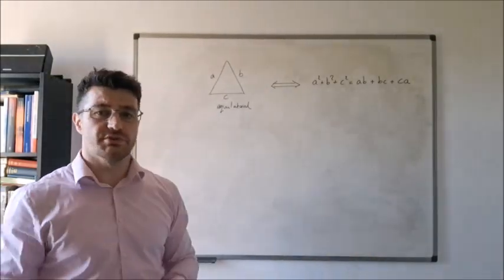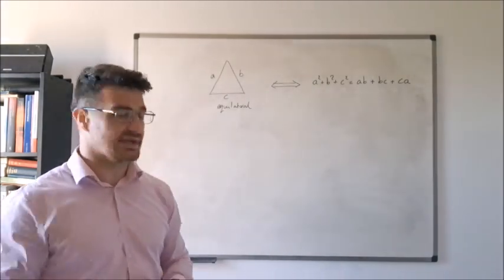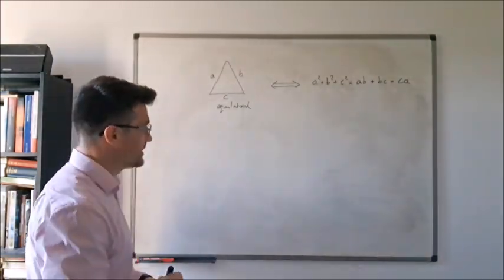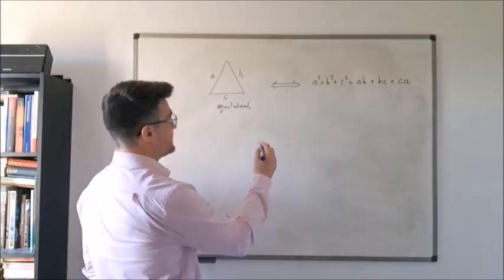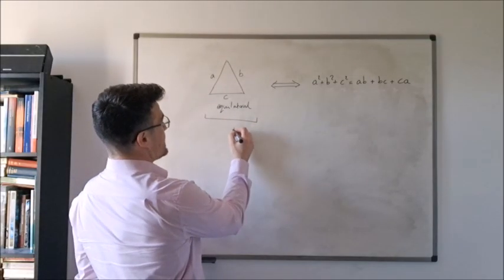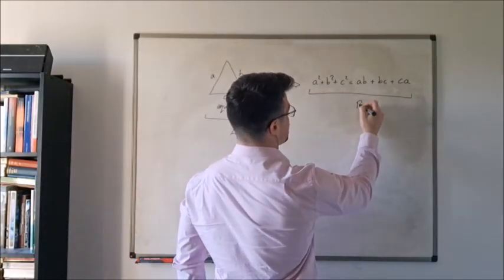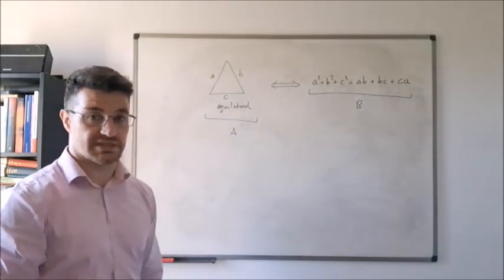So if we were to use logical symbolism, by the way, symbolic logic, I'm going to use fairly informal symbolic notation. We might say that this is statement A and this is statement B, for example.